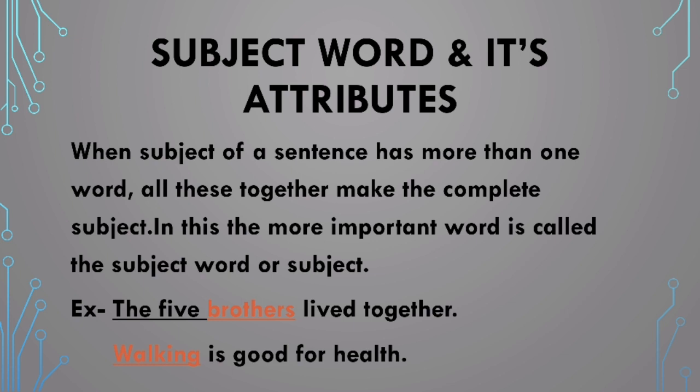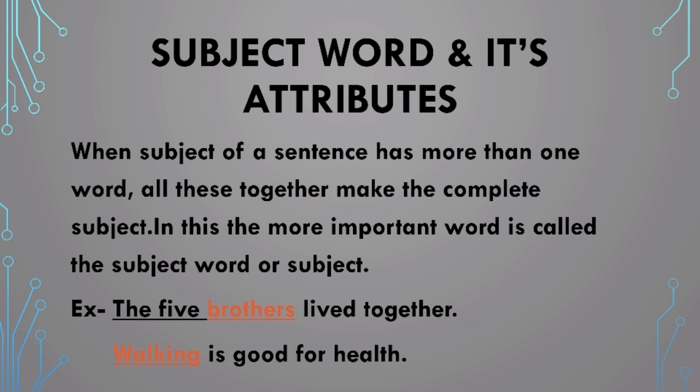Let's take an example. Like the 5 brothers lived together. So here, who lived together? The five brothers. So the subject will be the 5 brothers. But in this, brothers is the main word. So brothers will be the subject word and the 5 will be its attribute.